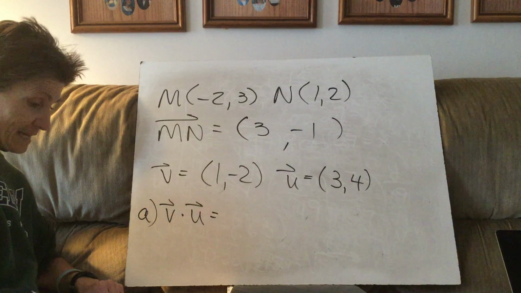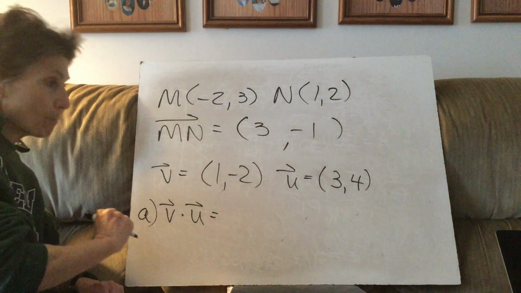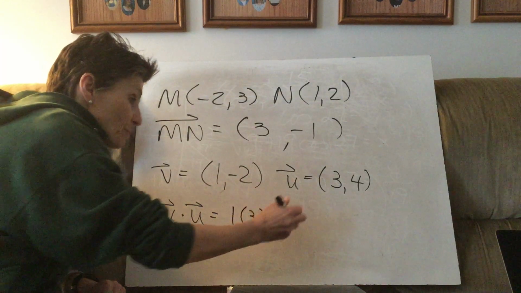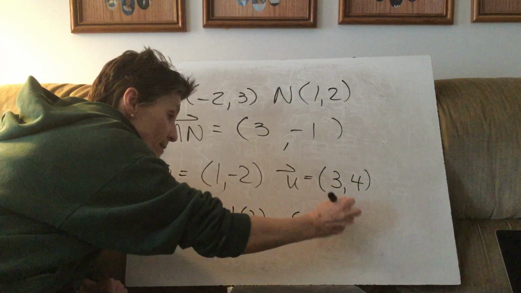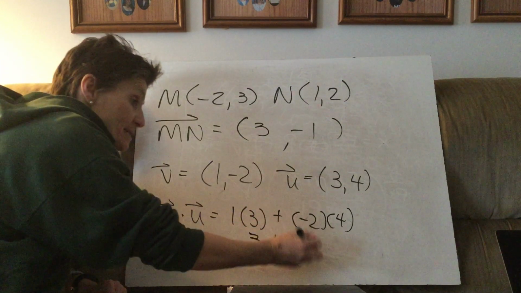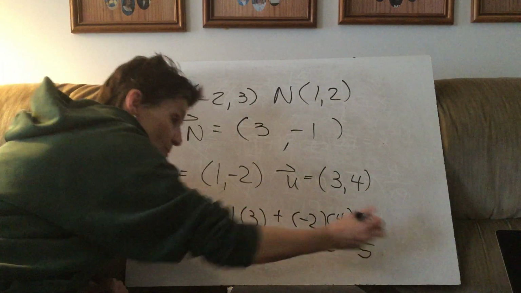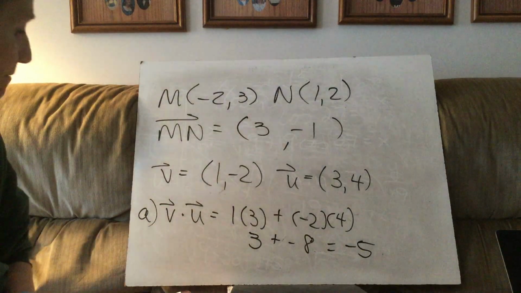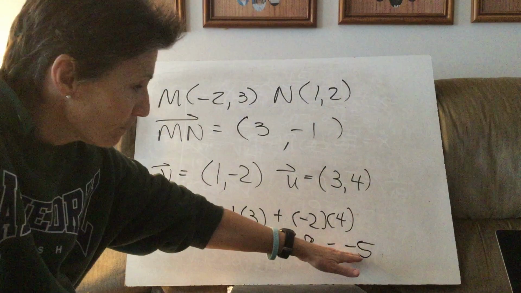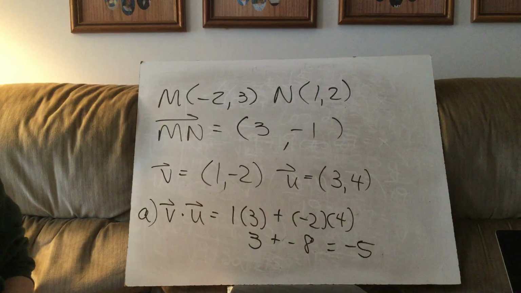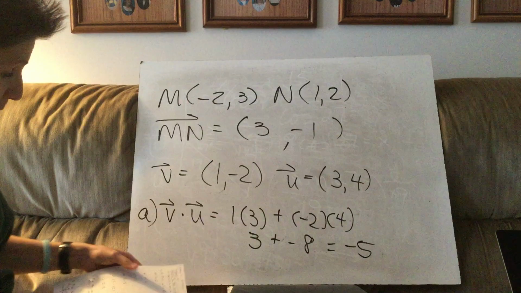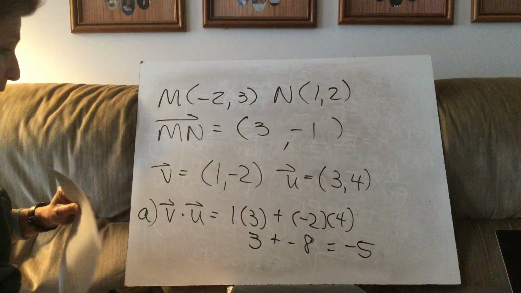When we do a dot product, remember it's x times x, y times y, and add them up. So that's 3 plus -8. So the answer is -5. Remember, the dot product of two vectors is just a number. So the answer is -5. X times x, y times y, add them up.